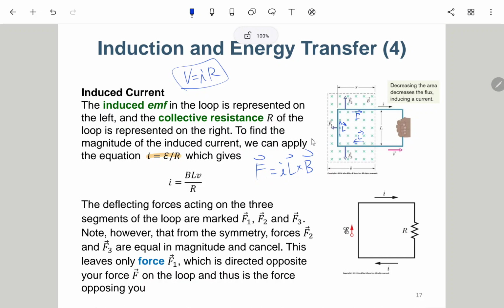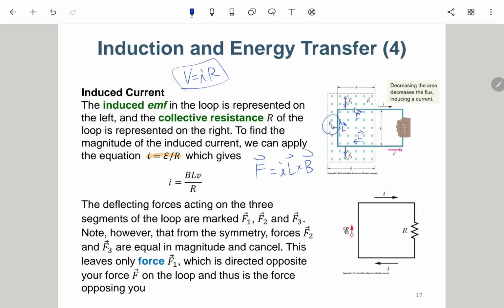You can consider that F2 and F3 cancel each other. They have the same magnitude but opposite directions. So only F1 is the net force acting on this loop.